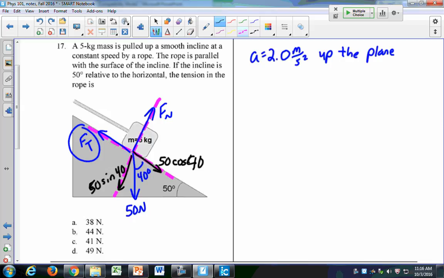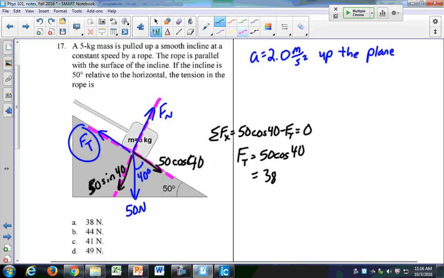So the sum of the forces in the x equals 50 cosine 40 minus Ft, and that's equal to 0. And then I solve for Ft, which is 50 cosine 40. And that's equal, what was it, A? Was it 38? Yes. Okay, so A is the right answer.